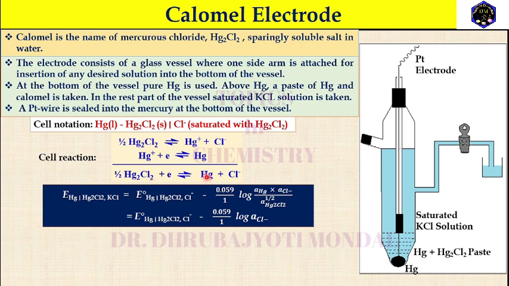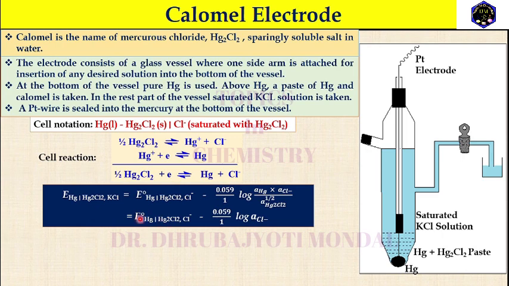Here Hg and Hg2Cl2 are solids, which means the activity of Hg and the activity of Hg2Cl2 is equal to 1. So you can write that this is equal to E0 Hg, Hg2Cl2, Cl minus, minus 0.059 by 1 log activity of Cl minus. So this is the Nernst equation for the calomel electrode.